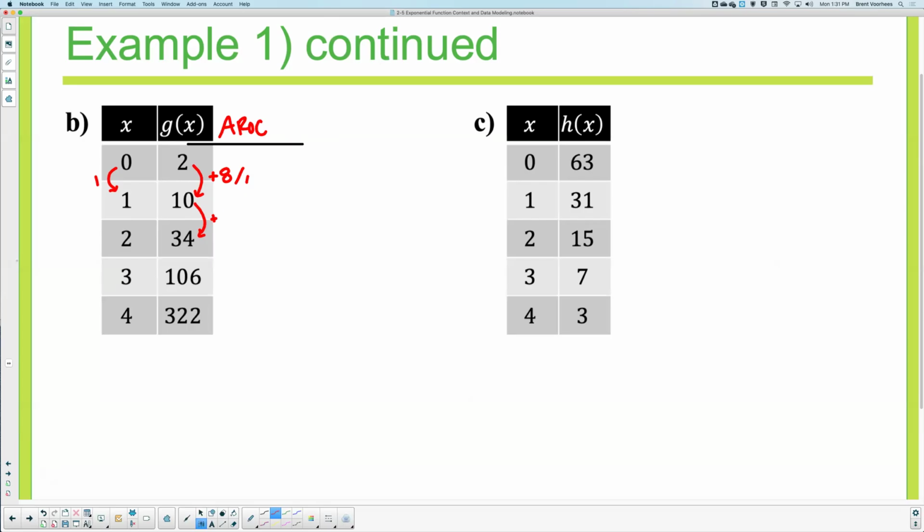What do I increase by? 24. What's my change here? 1. What about from 34 to 106? 72. And finally, 216.